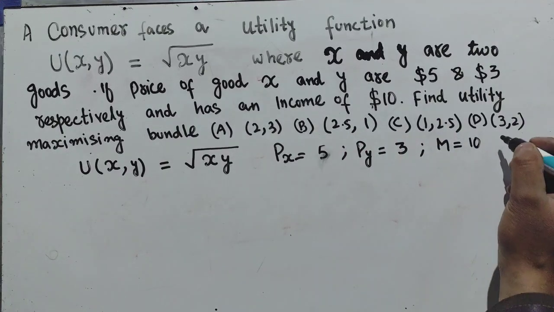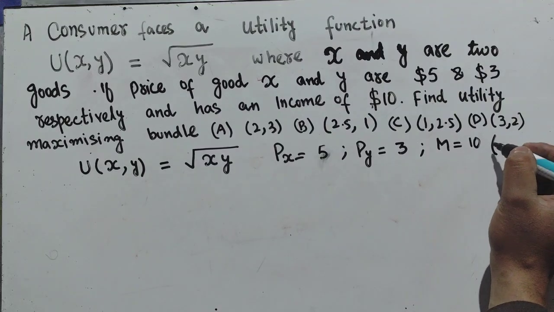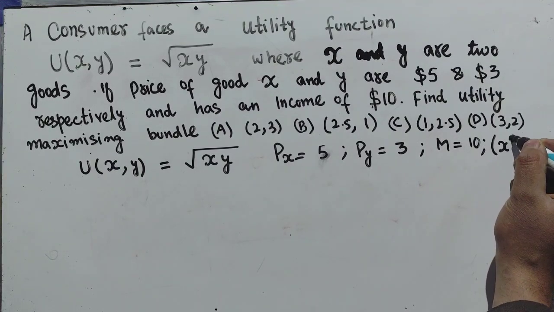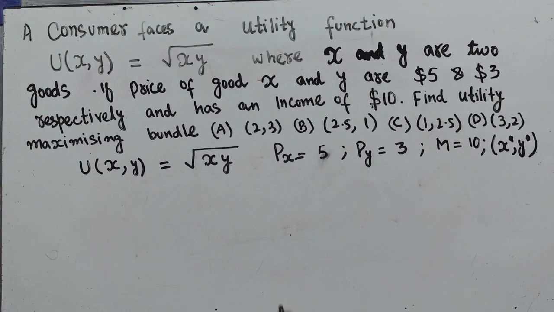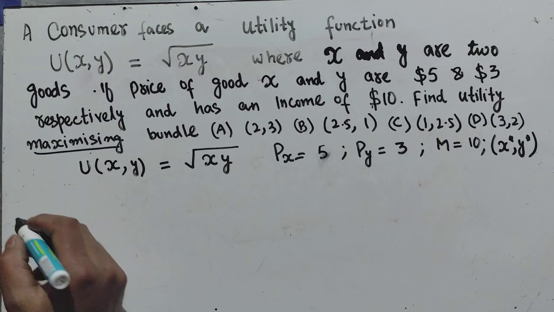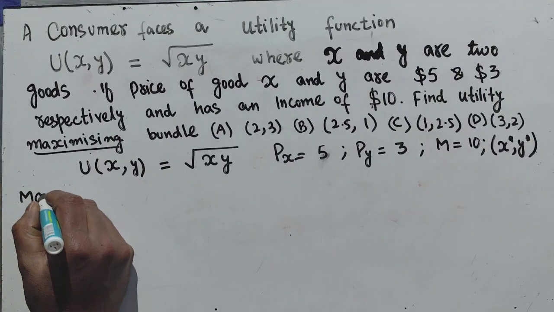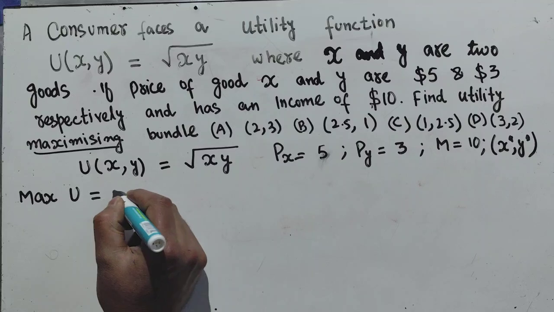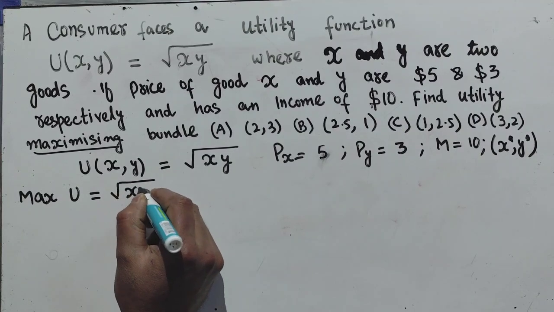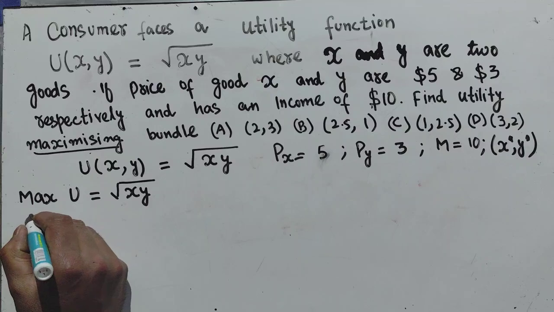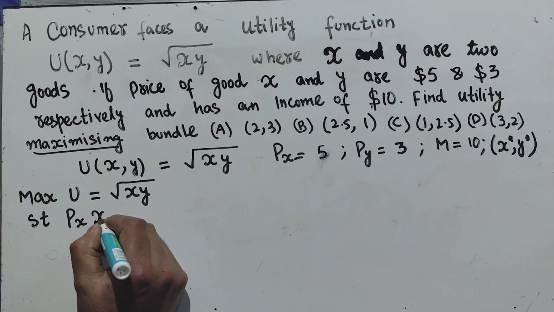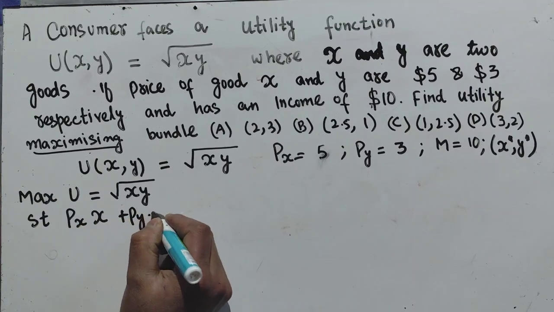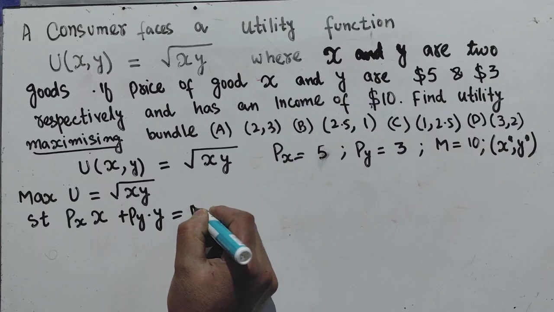We are supposed to find the utility maximizing bundle that this consumer will choose. Since the question is related to the maximizing choice, our endeavor will be to maximize the utility of the consumer, which is the square root of x times y, subject to the budget constraint, that is price of x times units of x plus price of y times units of good y should be equal to the income.